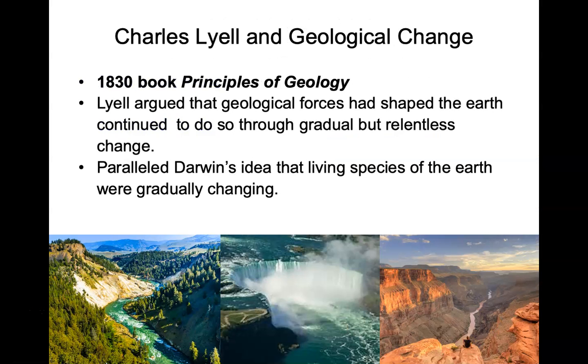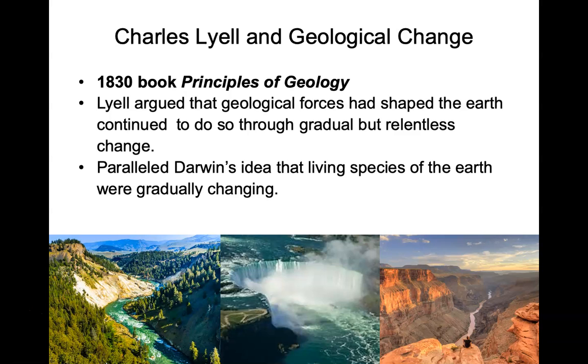So then we have a man named Charles Lyell, and Charles Lyell was a geologist, and he wrote a book in the mid-1800s that very strongly influenced Charles Darwin. Lyell argued that the geological features on Earth were made over a long period of time.